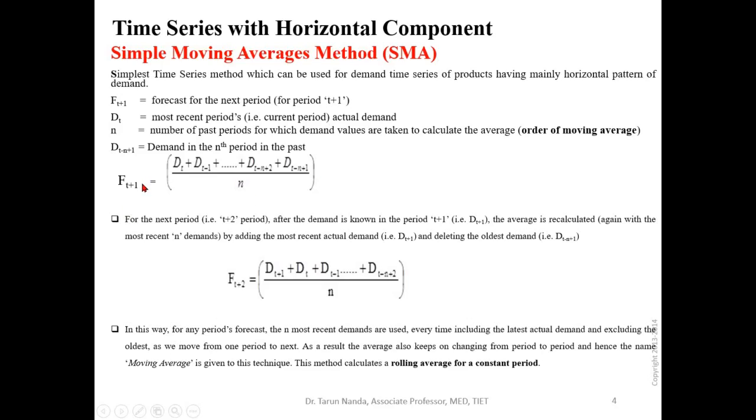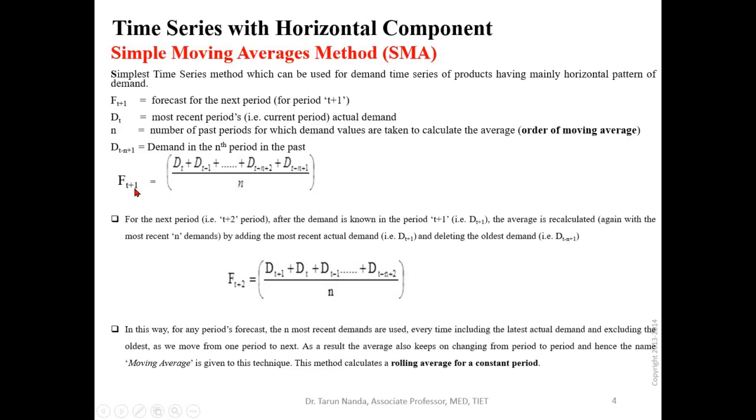When this t period would be over and we will actually reach the future period t plus 1. When we reach the actual period t plus 1, see, sitting in the t period, we had forecasted for the period t plus 1. But when we reach the end of the period t plus 1, we'll get the actual demand for the period t plus 1.